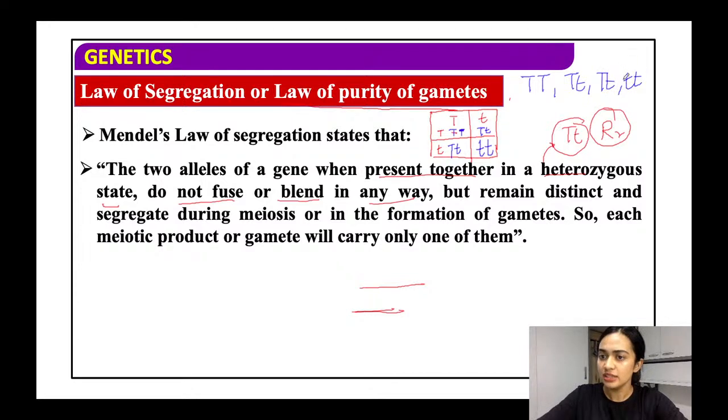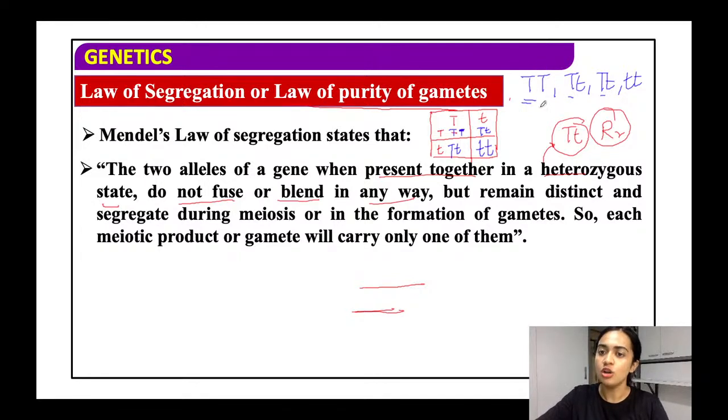Do you remember what we discussed yesterday, that out of these four, the first three, the complete tall with capital T and capital T, and the capital T with small t, are all phenotypically very similar.